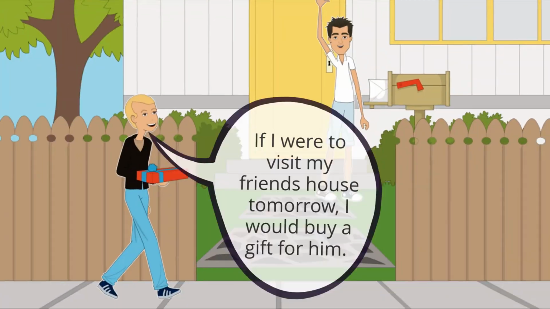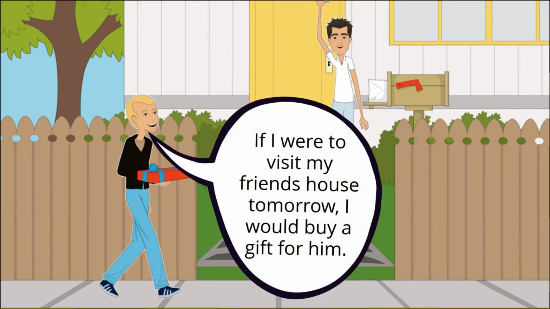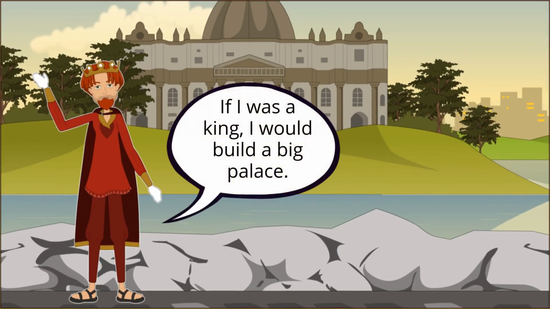If I were to visit my friend's house tomorrow, I would buy a gift for him. Remember that was is sometimes used in spoken English. For example, if I was a king, I would build a big palace. But were is the grammatically correct form.